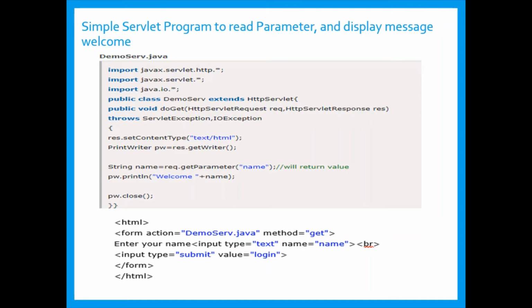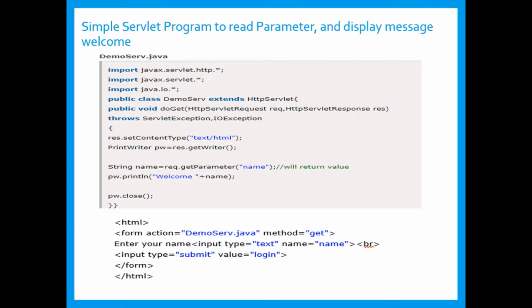Then I need to read a parameter value which has been passed by the user or by the client through an HTML page. In order to read the parameter value, we will make use of the getParameter method, where getParameter is a method belonging to the class called HttpServletRequest.